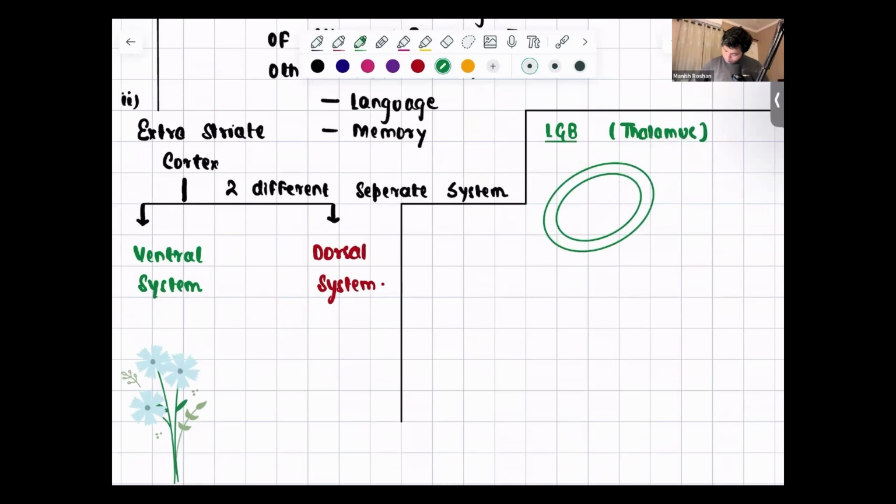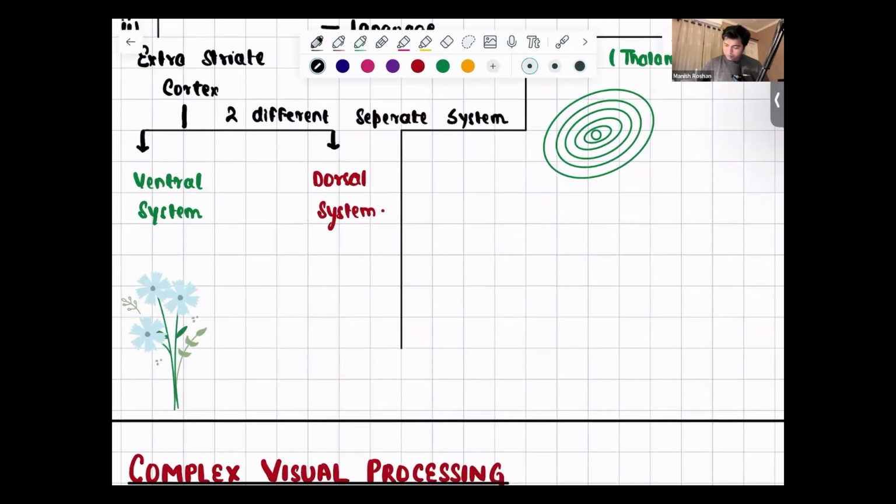One, two, three, four, and five. Okay, let's keep it like this, 5 layers. Now, from layer 1 and 2 there arises a pathway. Remember this: it is numbered 1, 2, 3, 4, and 5 from inward outward, not from outside to inward.